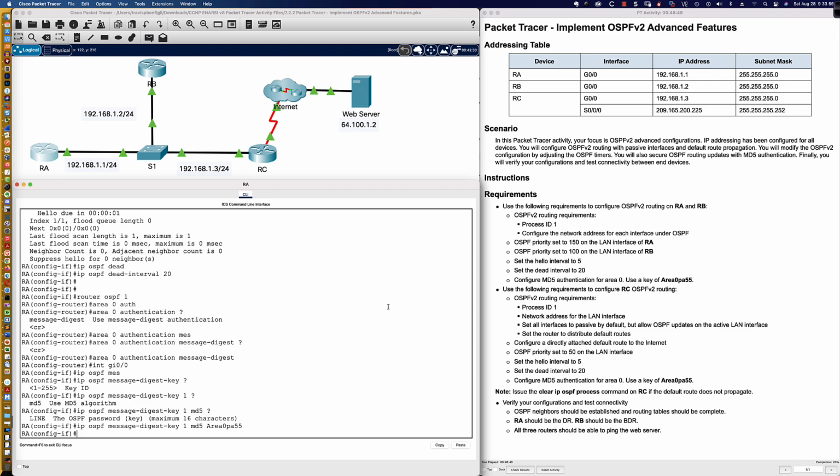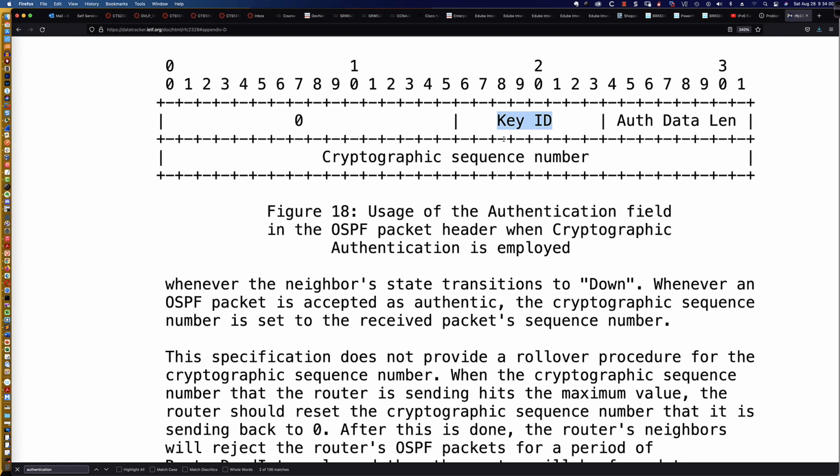Because in that OSPF packet header that we saw as part of RFC 2328, this information needs to match. This is why we're doing it. And you can even see here, whenever the neighbor state transitions to down, it's going to be transitioning to down if this information doesn't match up. That is why we are enabling this authentication.